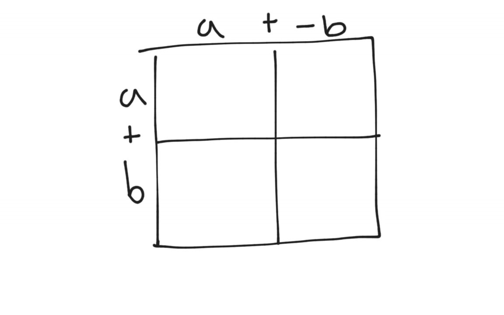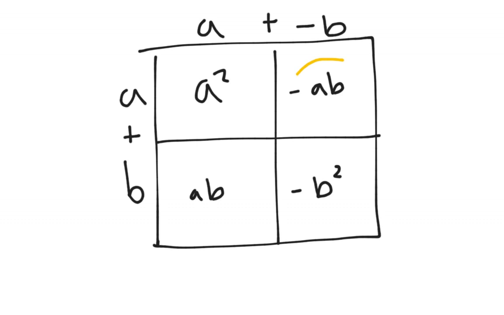So here I've set up an area model with a plus b times a plus negative b, which is the same as a minus b. A times a gives me a squared. A times negative b is negative ab. B times a is ab, and b times negative b is negative b squared.